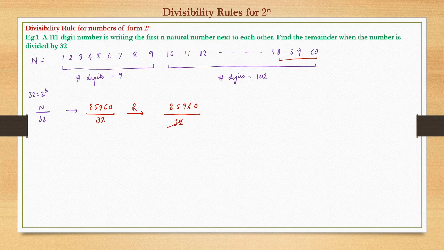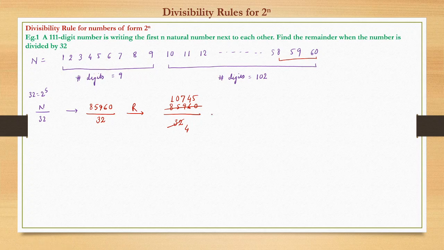Even 8 will divide, so I'll try with 8 first. 8 4s are 32, 8 1s are 8, 8 7s are 56, 8 4s are 32. Now since the last digit is odd, the quotient will not be divisible by 4. For this number to be further divisible by 4, the last two digits should be divisible, which is not the case here.